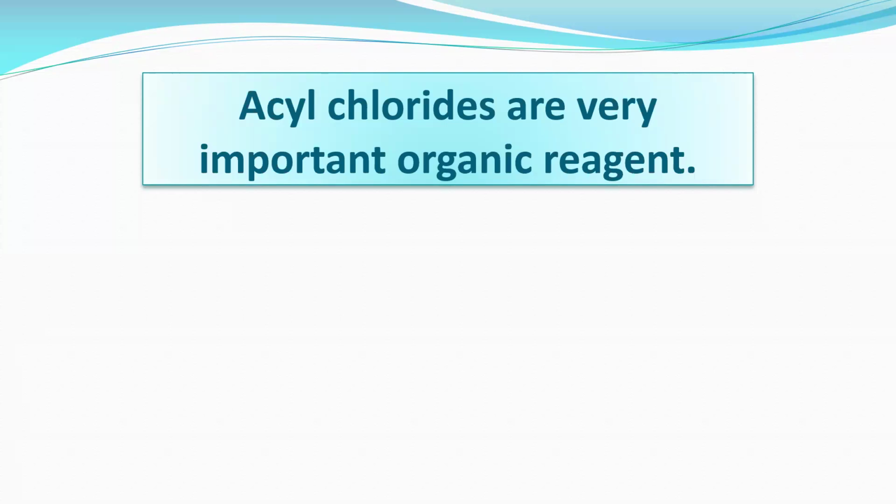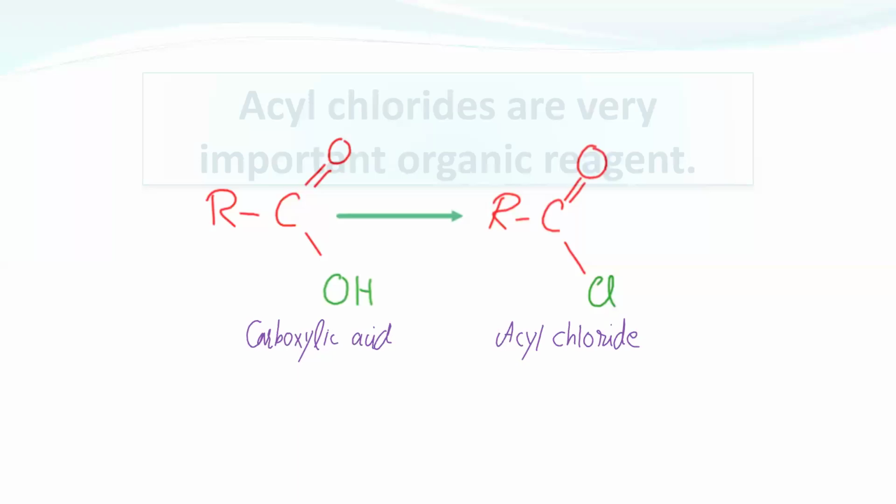Acyl chlorides are very important organic reagents, like nitriles. Nitriles are also considered to be important organic reagents. What are reagents? Reagents are those substances which are helpful in making other substances. In simple terms, they are used in making other compounds. So acyl chlorides are important organic reagents, which means they are used in making other compounds.